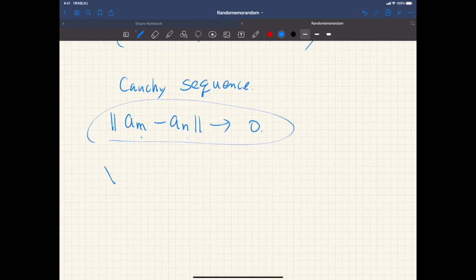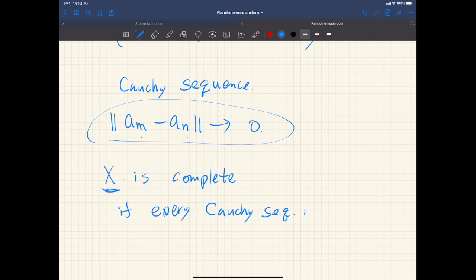Now, if we have a normed space X, and every Cauchy sequence in X converges, then we say this space X is complete. Complete if every Cauchy sequence in X converges.